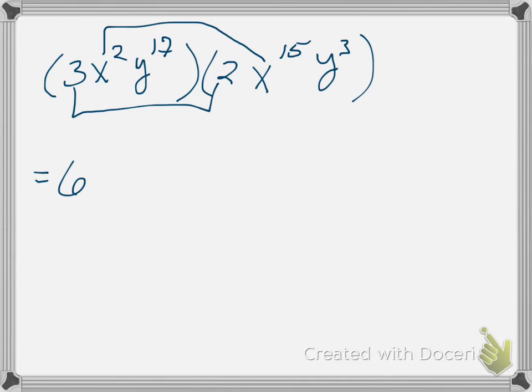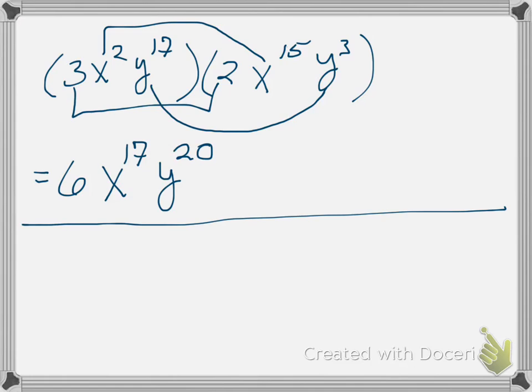The x squared times x to the 15th literally means that we have 17 x's that we're multiplying together. So we write that x to the 17th. Y to the 17th times y cubed is y to the 20th. Okay.